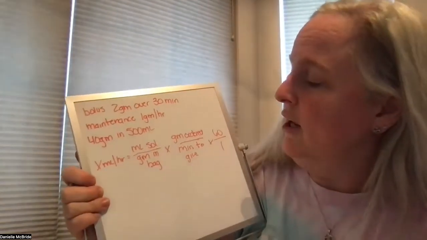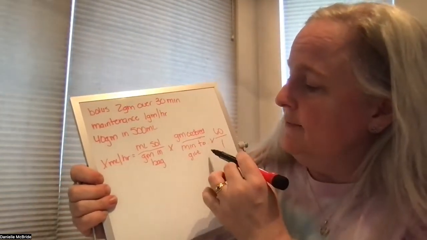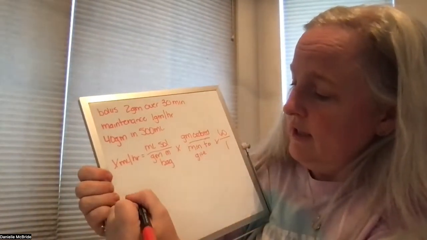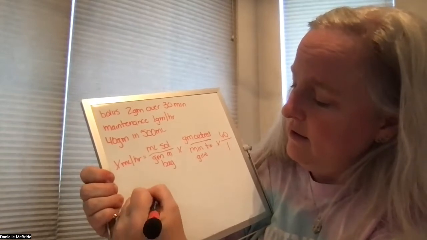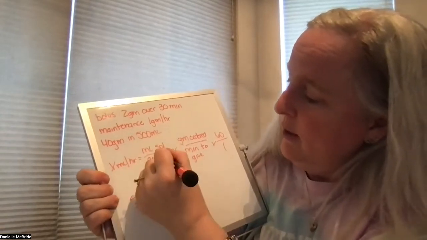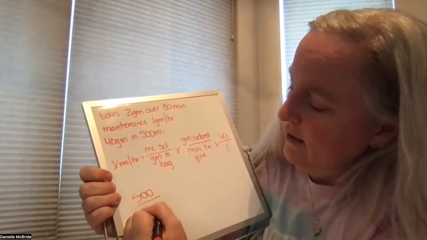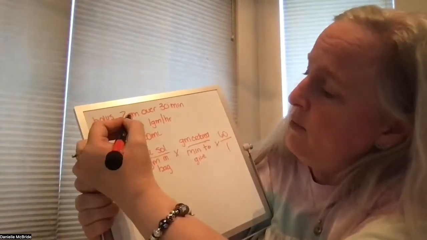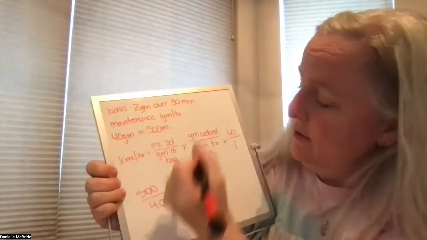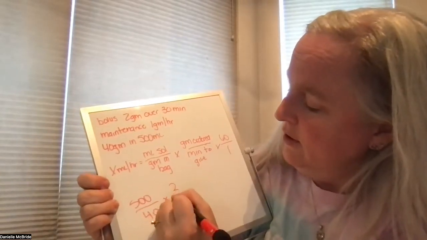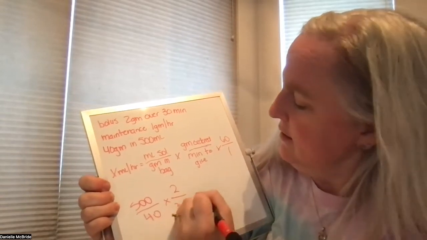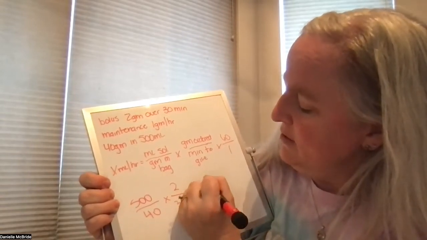Okay. So following this, if we fill it in with what we know, our milliliters of solution is 500 over number of grams in the bag, which is 40, times grams ordered. Our bolus is 2 grams over minutes to give. We want to give it over 30 minutes. And then times 60 minutes over an hour.